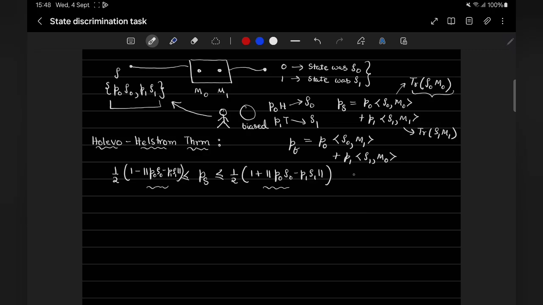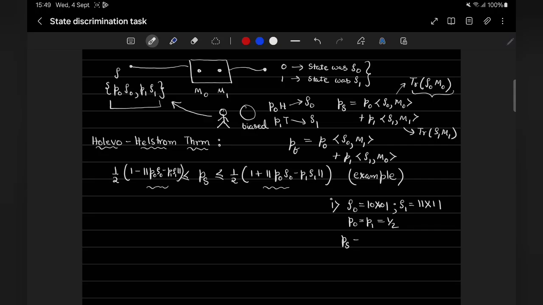So for example, I have rho 0 is the state |0><0|, and rho 1 is |1><1|, and P0 equal to P1 equal to half. This means that I have an ensemble which with probability half is 0 and with probability half is 1. And you can achieve a success probability of 1.